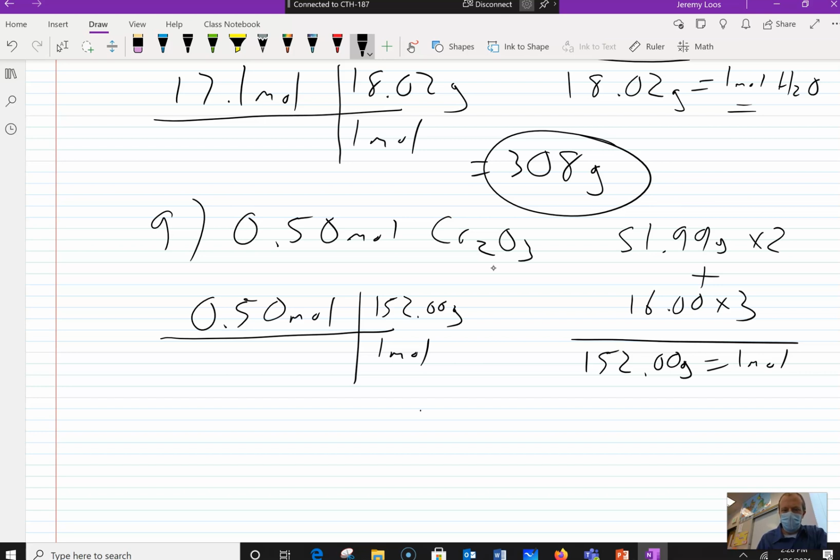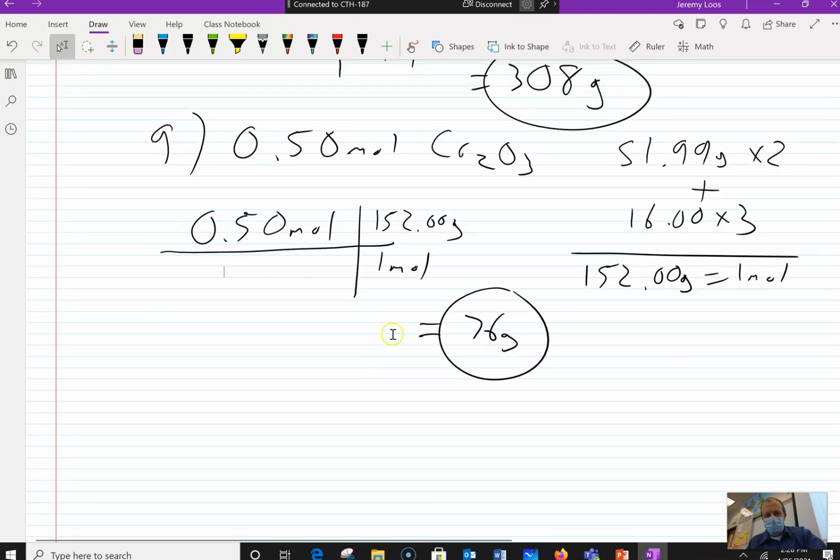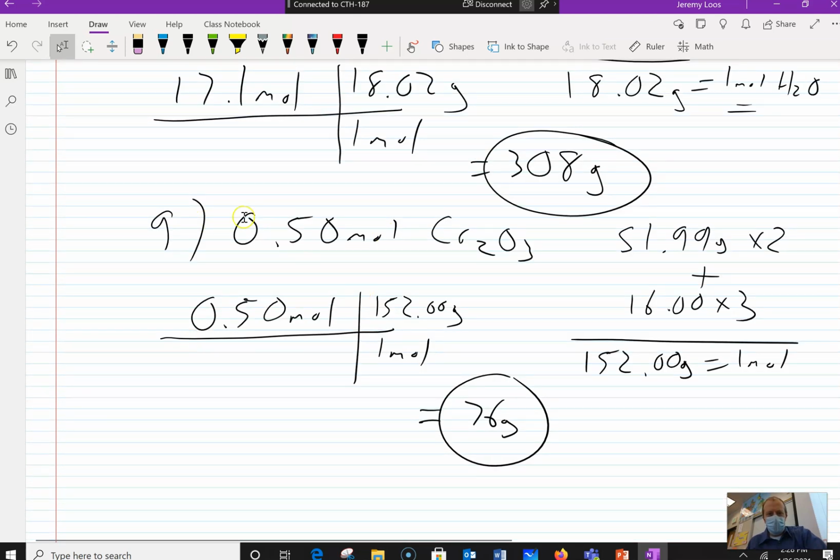It's basically 152 times 0.5, which is about 76. About 2 sig figs is good. And so I'm always giving the same number of sig figs as the problem gives me to start. And again, sig figs is not the huge issue really, but we could try to get it right.